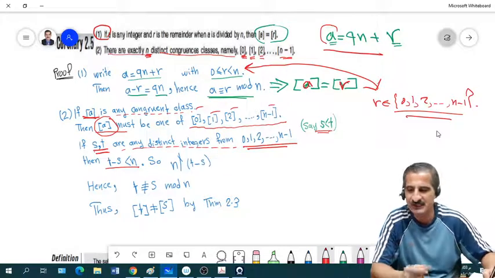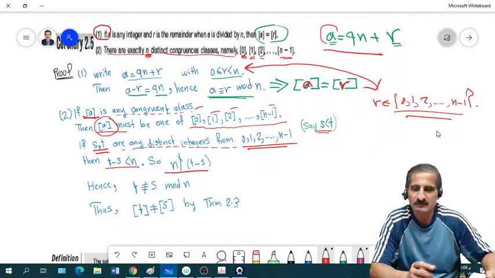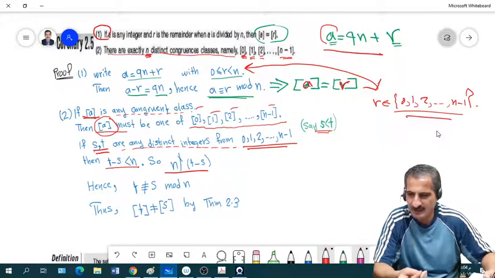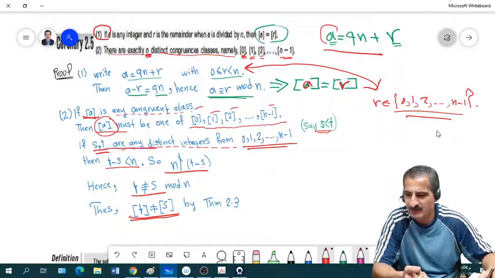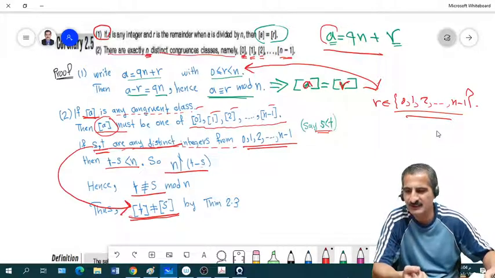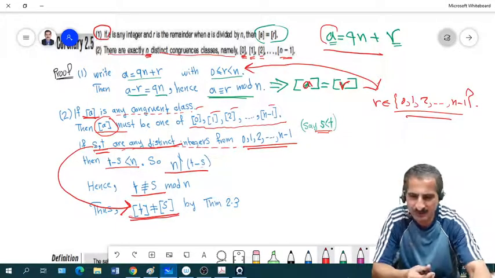So n cannot divide an integer which is less than it. So n will not divide t minus s. So t and s will not be equivalent modulo n. So their equivalence classes will not be equal. So what happened here? We chose two distinct integers, and we showed that their equivalence classes are not the same. Okay, and this proves the theorem.